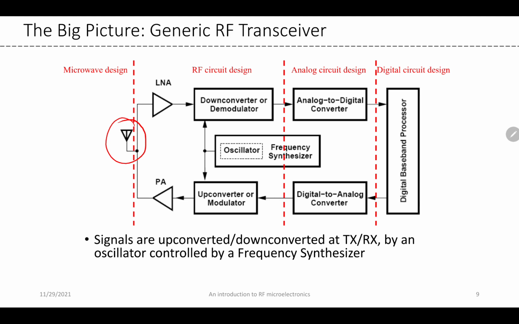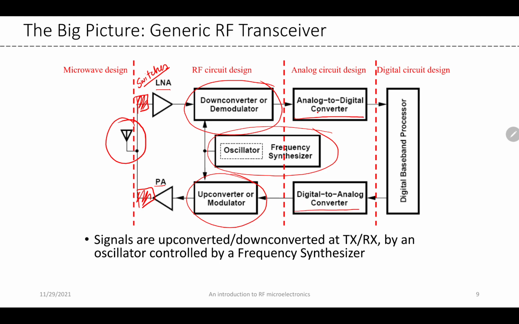You have antennas, switches, then you have LNAs and PAs. Then you also have down converters and up converters. In order to make them work, you need oscillators. Once you down convert, and before you up convert, you have analog to digital converters and digital to analog converters. All of those ADCs and DACs receive a digital baseband signal, so you have a digital circuit working behind this.